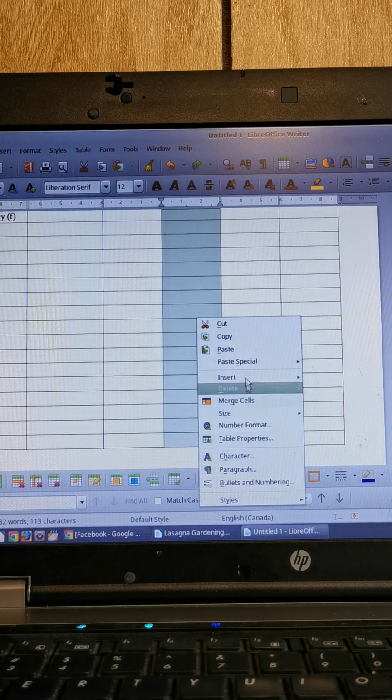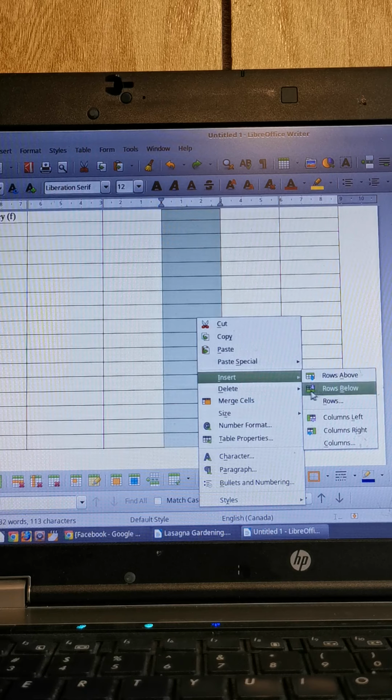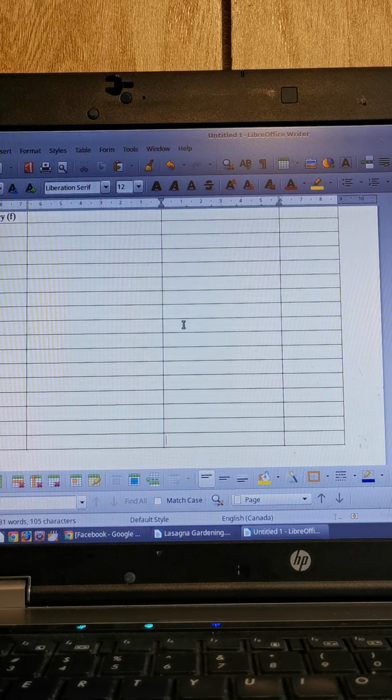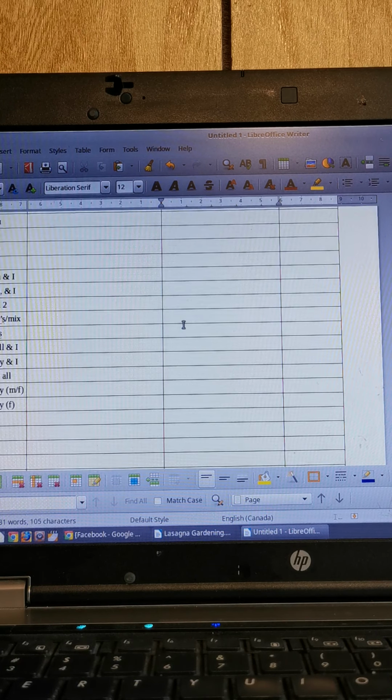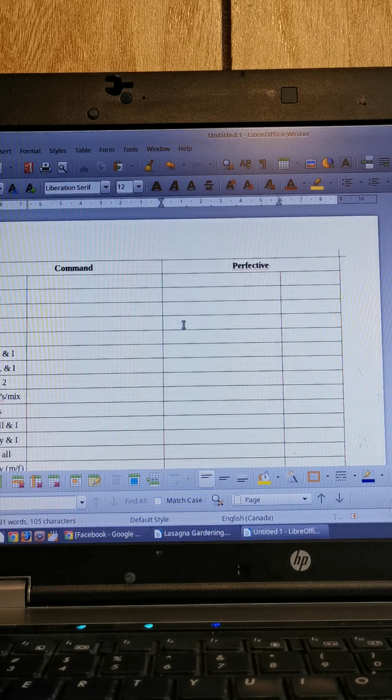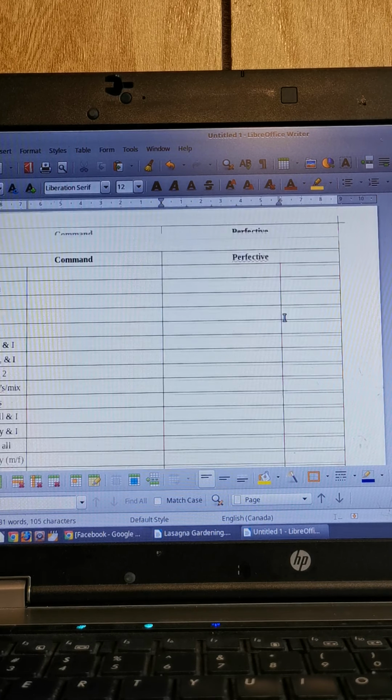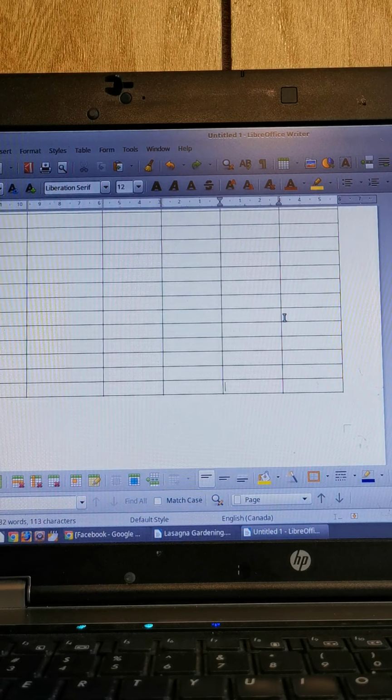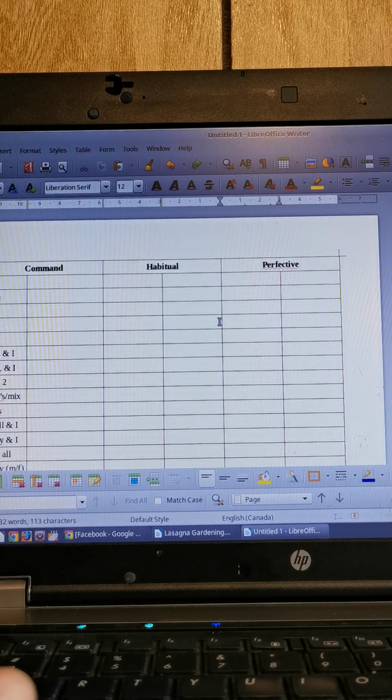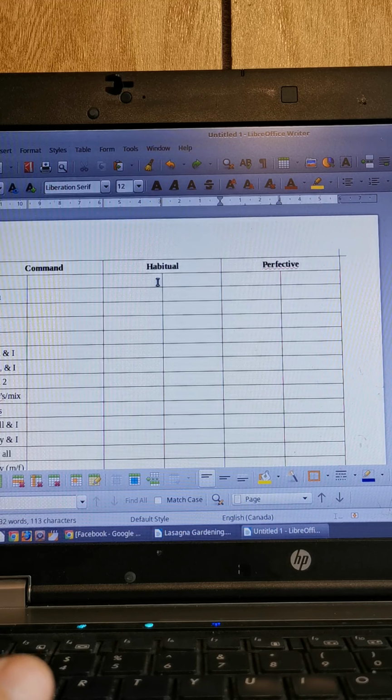Now delete column. Okay, that's not working either. I don't understand what's going on.